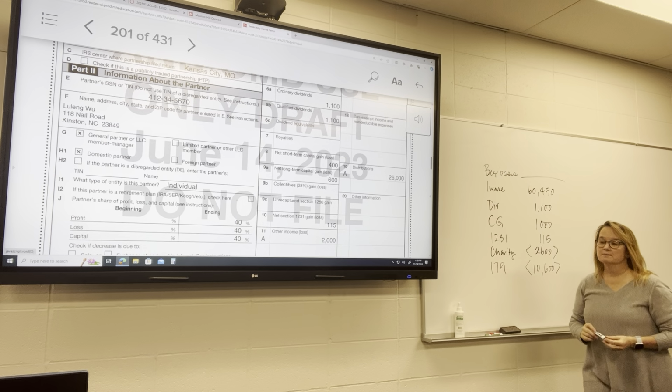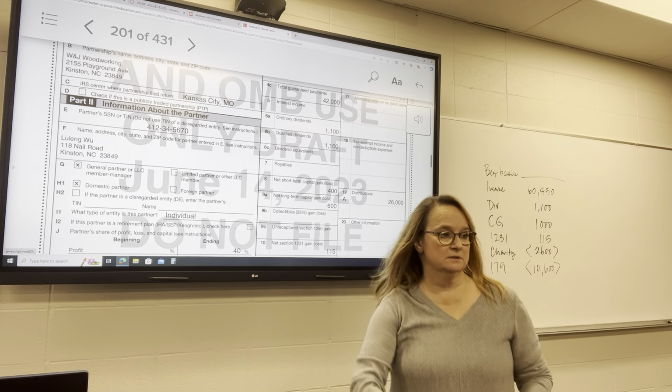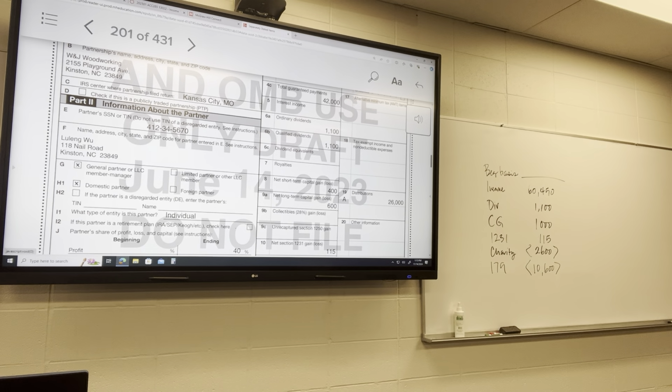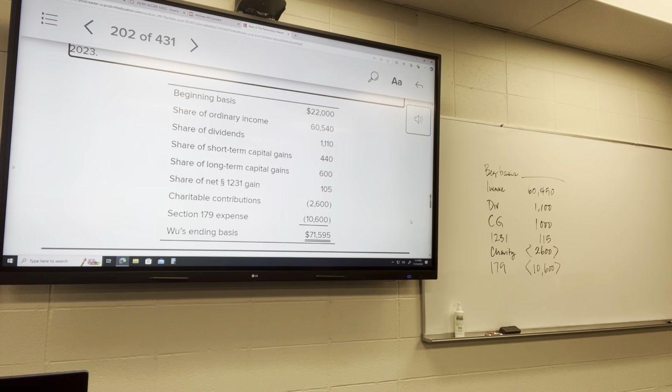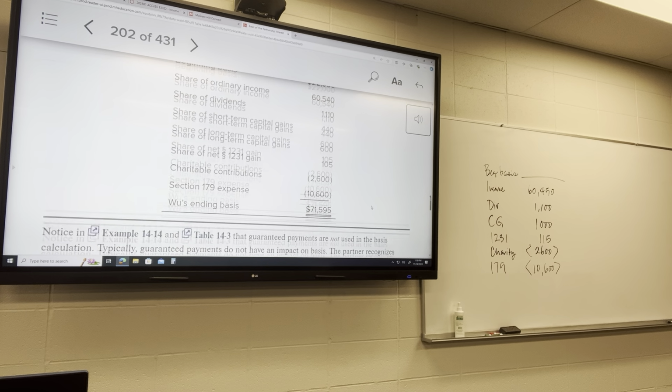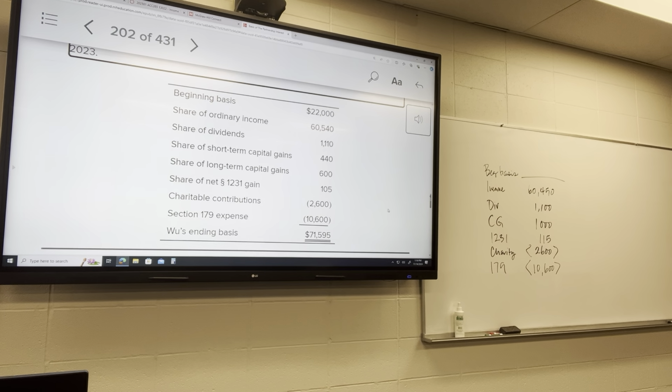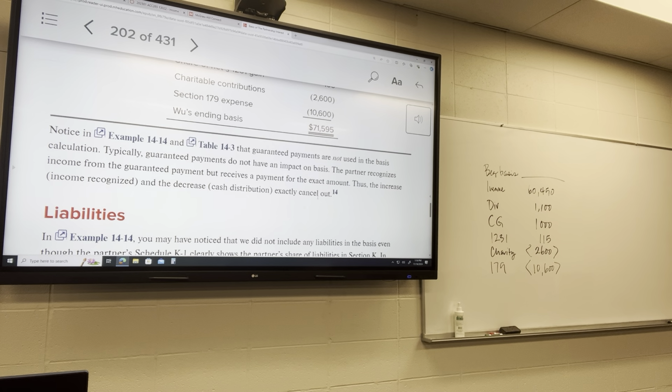But if we look at the order, let's go back. The ordinary income's different, the short-term capital gains was different. Oh, and this is all before we determine whether or not the 26,000 is taxable.